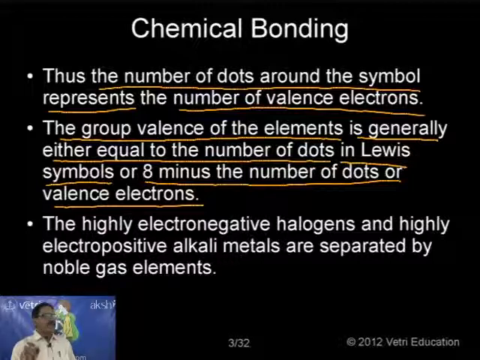So group 1, the first group, we call it with the Roman numeral, the corresponding A. In that particular group, hydrogen, lithium, sodium, potassium, rubidium, cesium, francium. All these elements have only 1 electron in the outermost shell. So all these element symbols will be dotted by 1 electron.